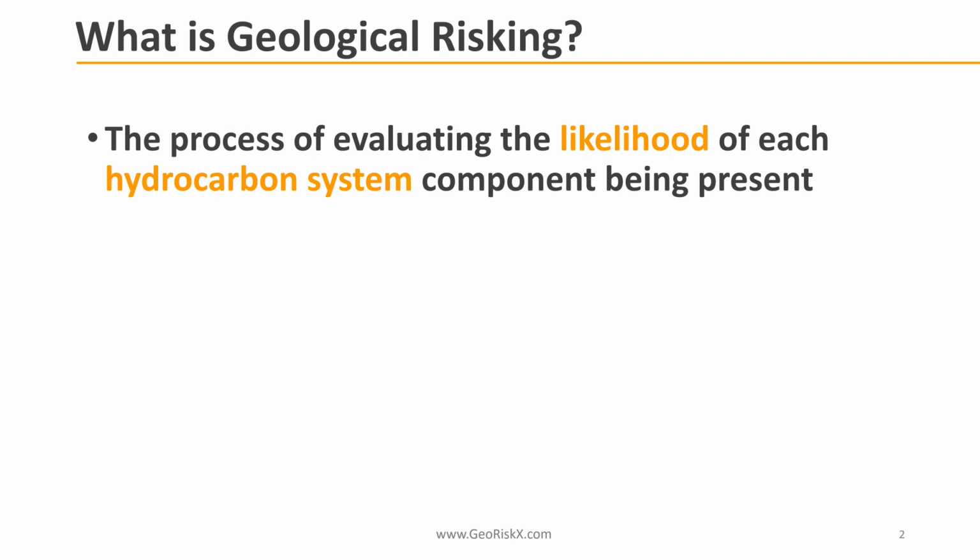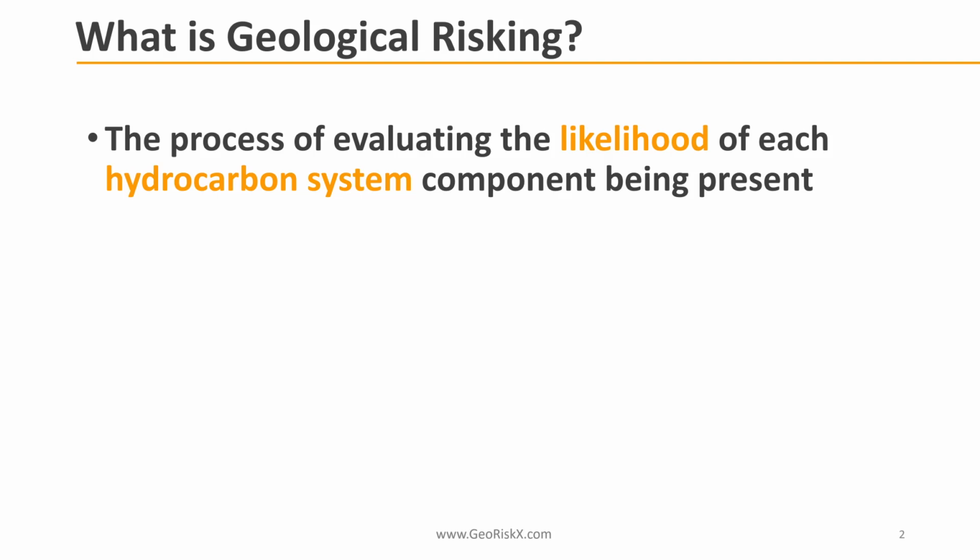And then, we analyzed our environment of deposition and we said, okay, there's an 85% likelihood that sandstones are present and that there's a 90% chance that those sandstones have good reservoir properties that will allow us to flow oil and gas, and so on and so on. So that is how we build up a risk assessment. And don't worry, we'll go into this in more detail as we go through this series, and we'll make sure you have a good understanding of this process.